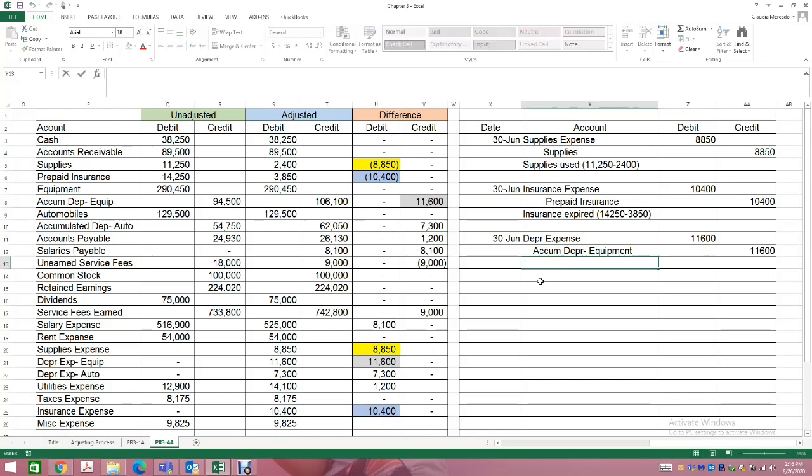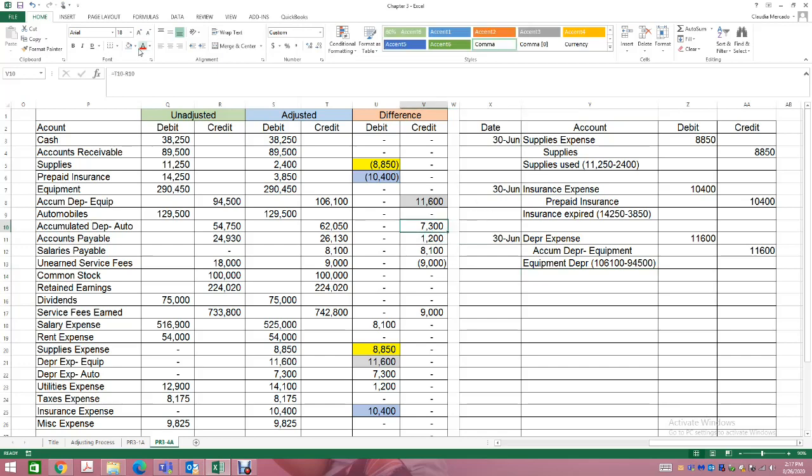This is my equipment depreciation, and we went from 106,100 minus 94,500. And that's how we got 11,600. So that's been used.